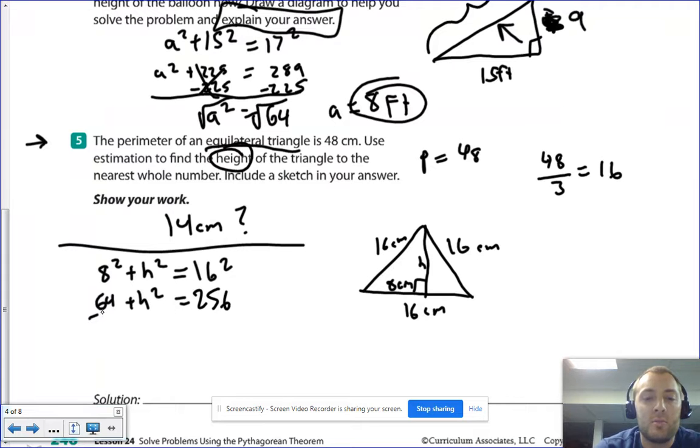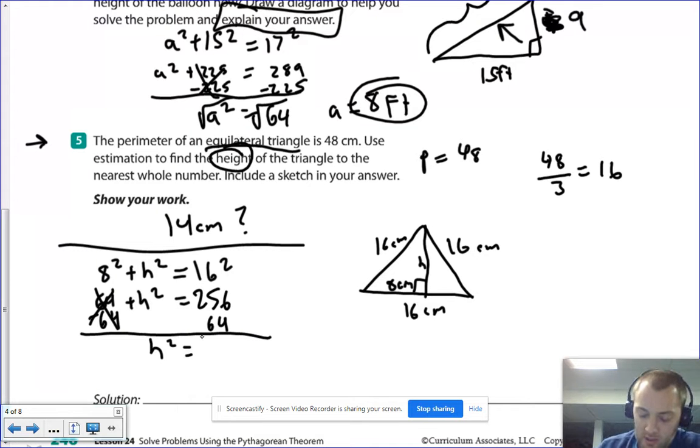Now here's where we have to subtract 64 because they're on separate sides of the equation. So to get the h squared by itself, we have to subtract. So 256 minus 64, and I get 192. And then take the square root, and we'll get our h.